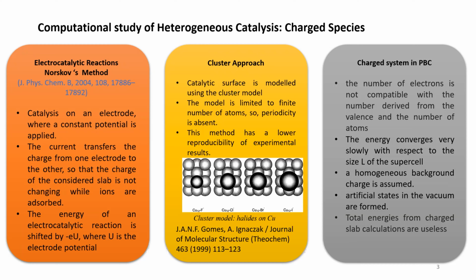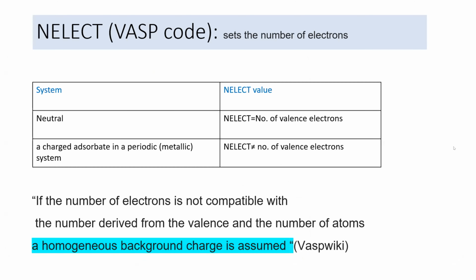One problem is the energy convergence, which is very slow with respect to the size L of the supercell. But the most severe problem is a homogeneous background charge that is assumed, and it causes artificial states in the vacuum. So total energies from charged slab calculations are useless.